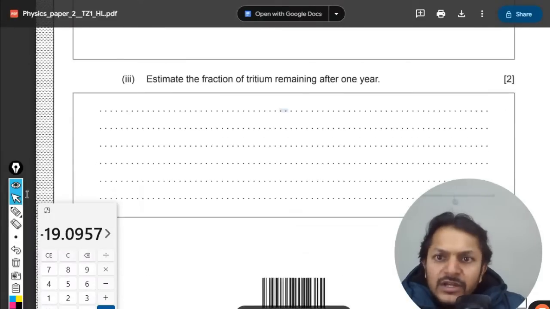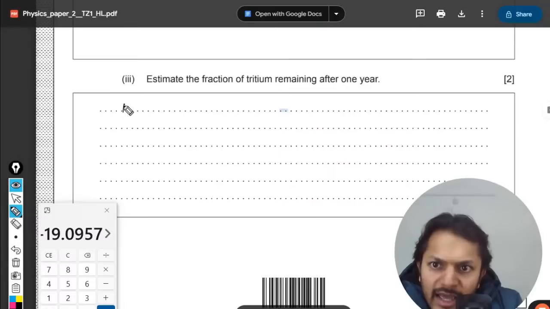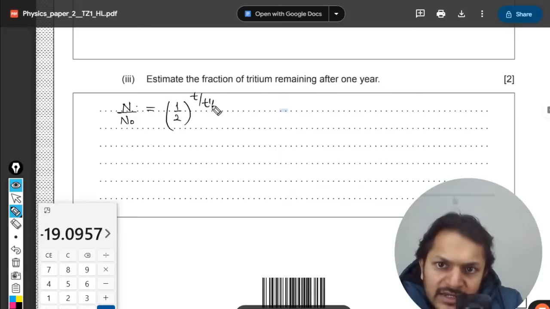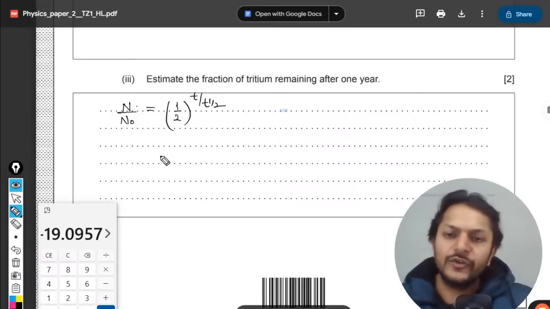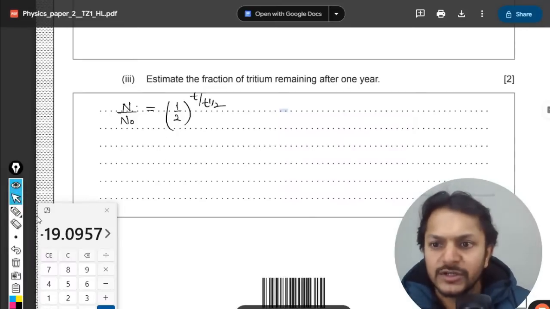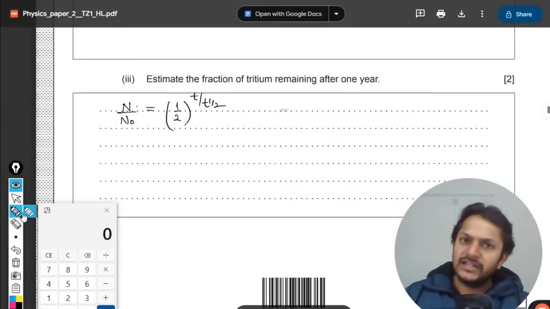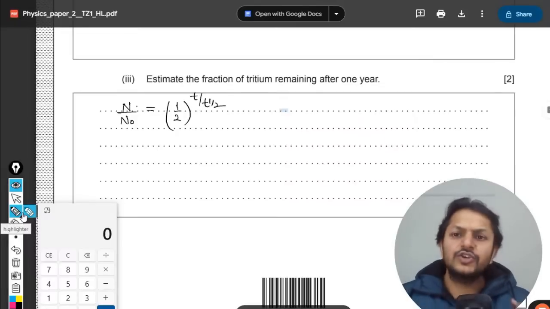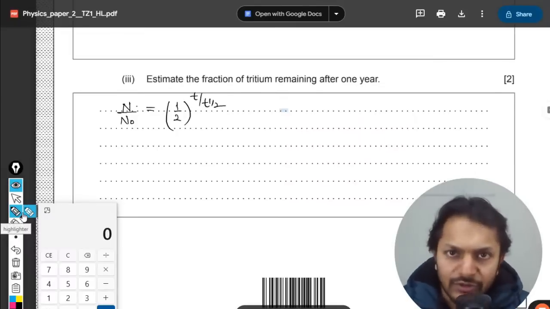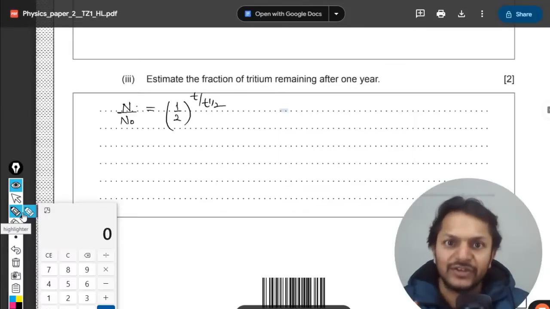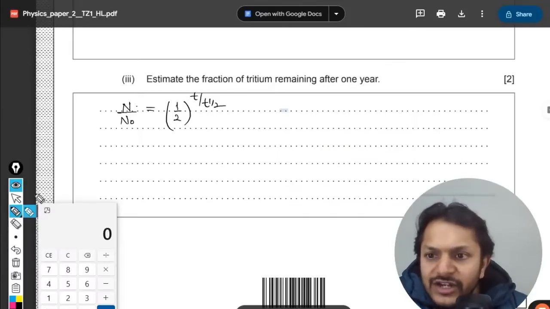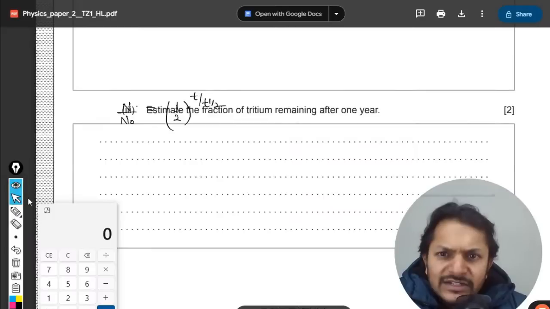There is a formula: N divided by N naught is equal to half raised to the power t divided by t half. Again, this is a very useful formula, but it is not given in the data booklet or in the books. So you can note down this formula and see its application in this question. The half-life of tritium is given as 12 point something, isn't it?